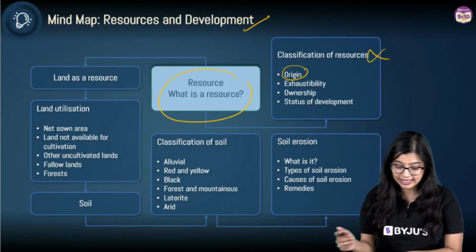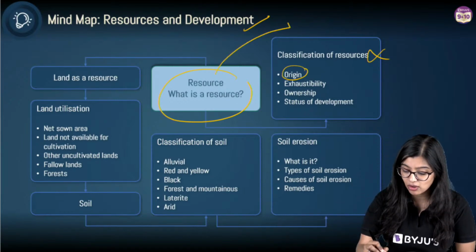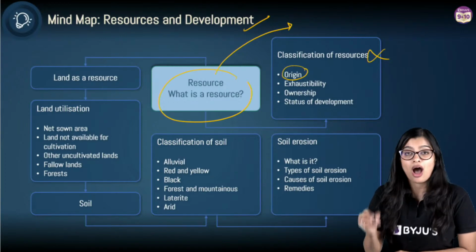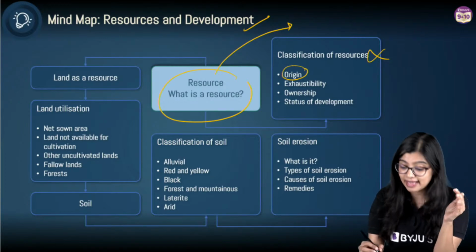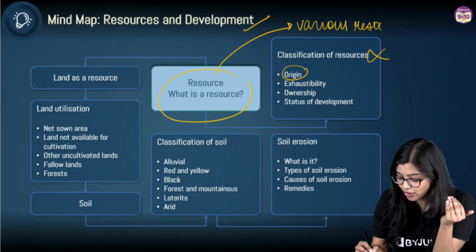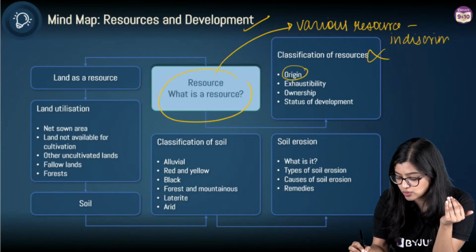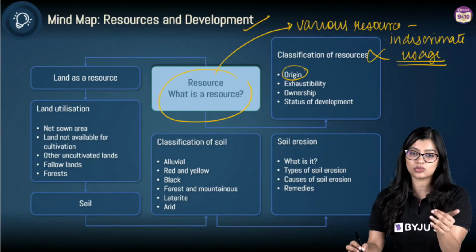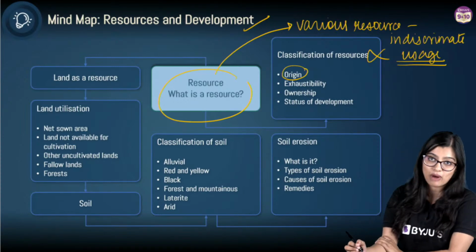Now, of course, mainly in this particular topic, what we also learn about is how there are various resources, right? And over a period of time, there has been indiscriminate usage of resources. That means that we are not using them wisely.